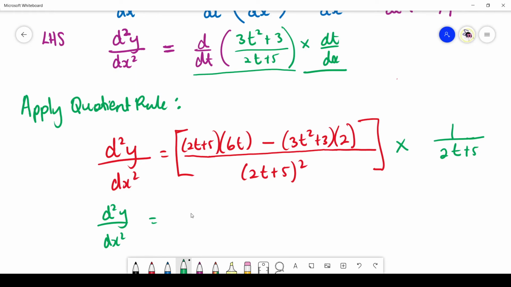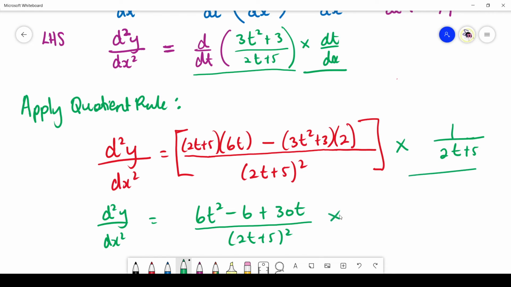The numerator should work out to be, I believe, 6t squared minus 6 plus 30t. And then you're going to have all over 2t plus 5 squared. And then we're going to bring down our multiply by 1 on 2t plus 5.